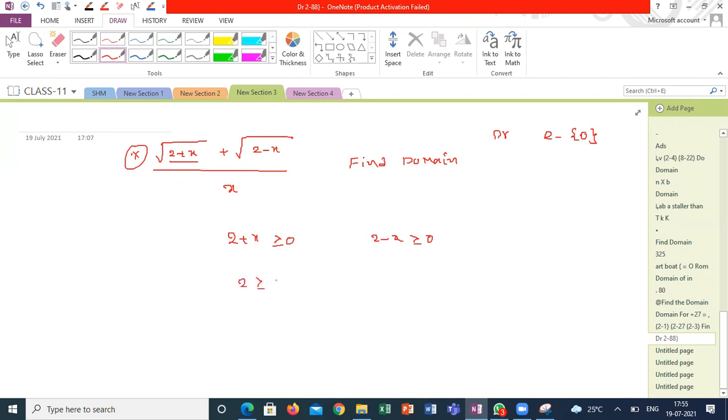2 is greater than or equal to minus x, so x is greater than or equal to minus 2. And 2 is greater than or equal to x, so x is less than or equal to 2.